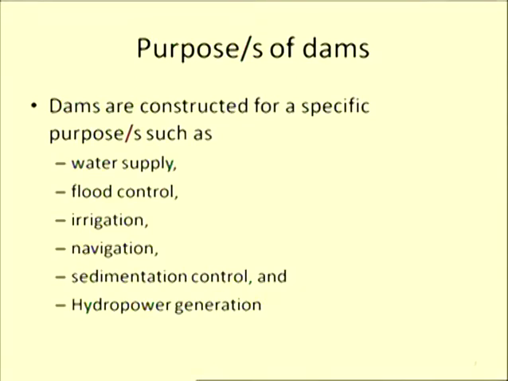Let's see the third: irrigation may be a sole purpose of construction of a dam. Many dams in India are constructed for irrigation. What is irrigation? The artificial supply of water to the crops. Generally, we receive rainfall during the months of July, August, September, generally considered the 4 months of monsoon.